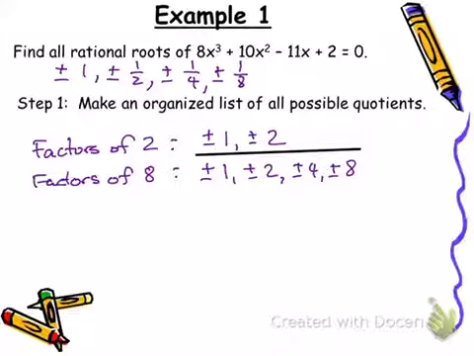But the good news is that when we're dealing with the 2, we're going to get a lot of repetitions, right? As a matter of fact, I think that plus or minus 2 over 1 is the only thing that's not a repetition, because 2 over 2 is 1 again, 2 over 4 is 1/2, and 2 over 8 is 1/4.